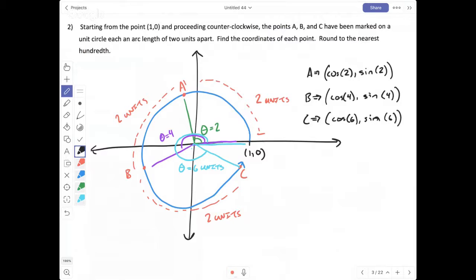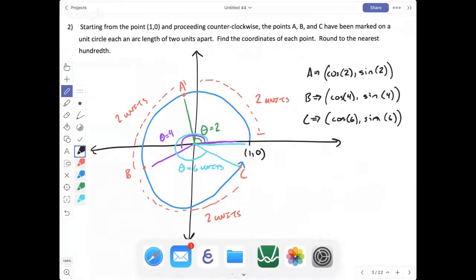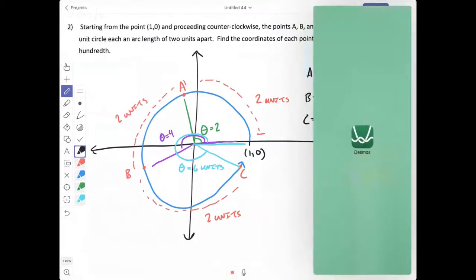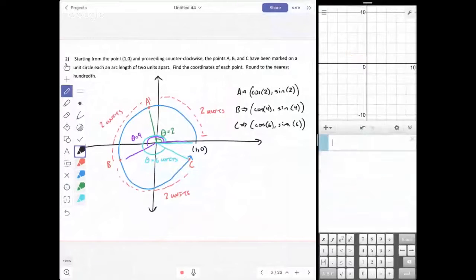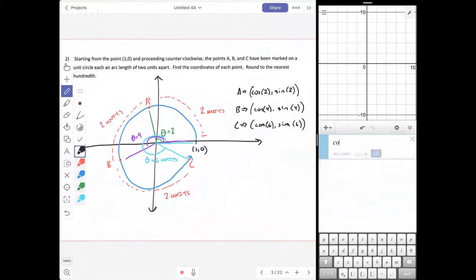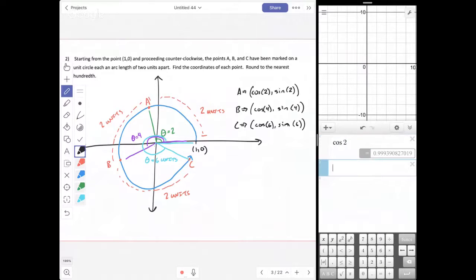It said round to the nearest hundredth, so I'm going to pull up a calculator and find cosine 2, sine 2.